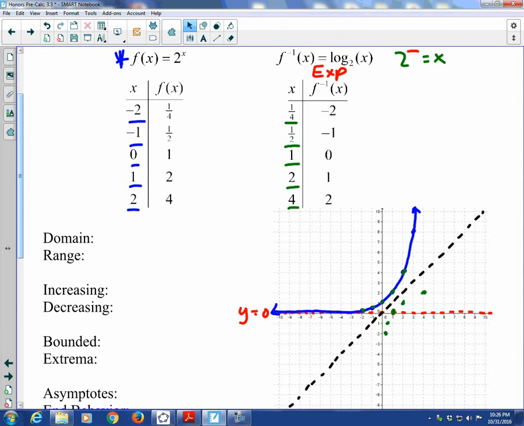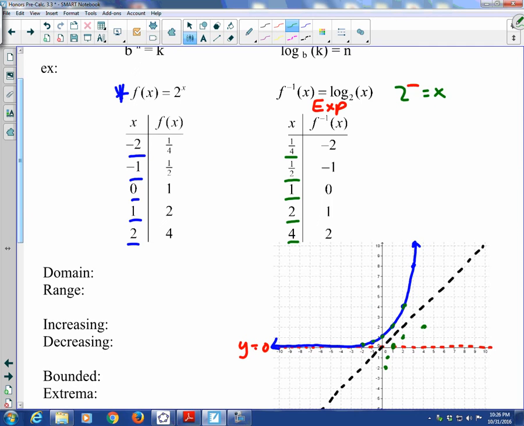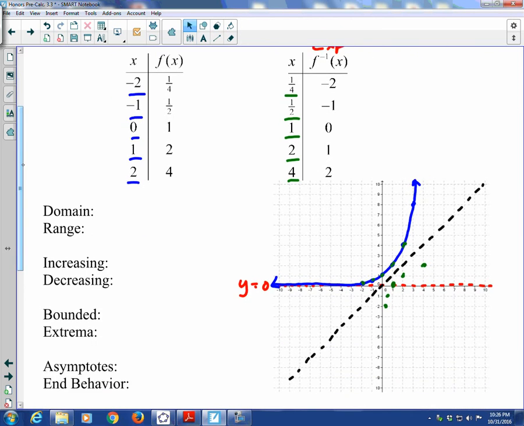And right here, the other thing that we can say is that for inverse relationships, right, any behavior that we see along the x-axis for our function is going to be behavior we see along the y-axis for our inverse, which means that right here our horizontal asymptote for our exponential function is going to be a vertical asymptote for our logarithm.